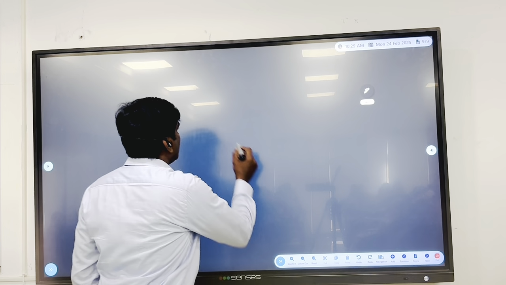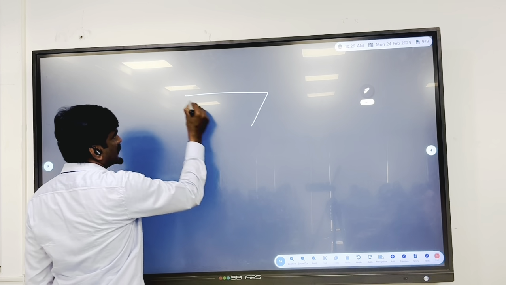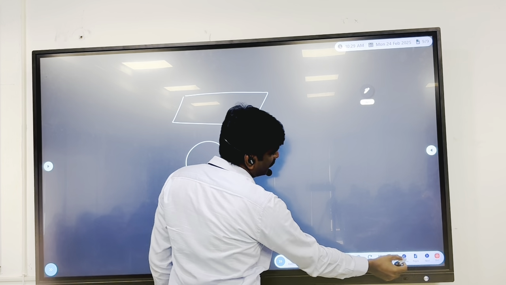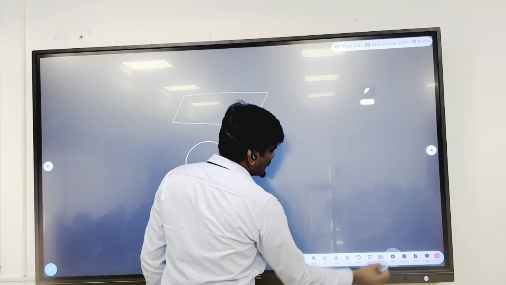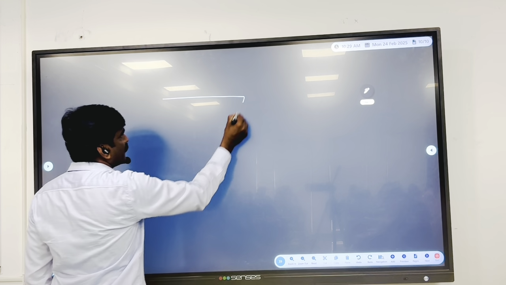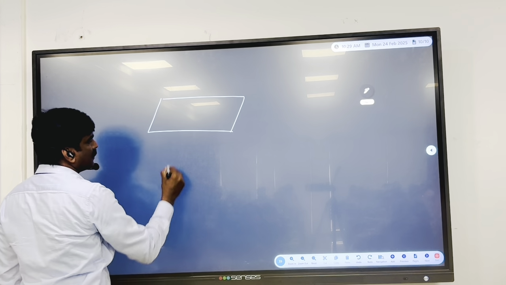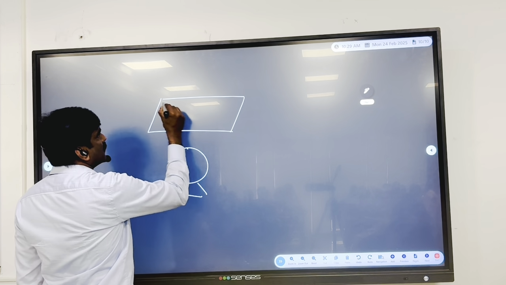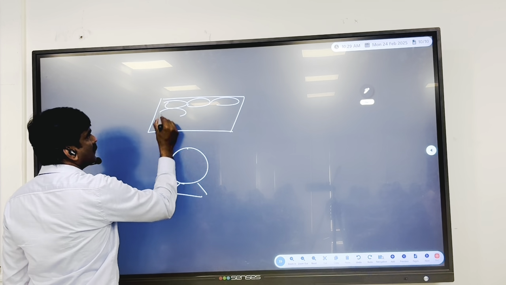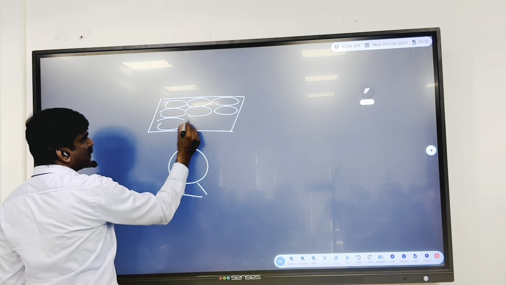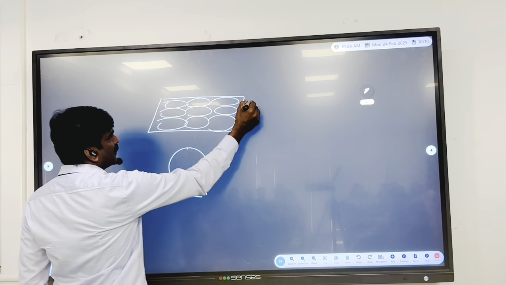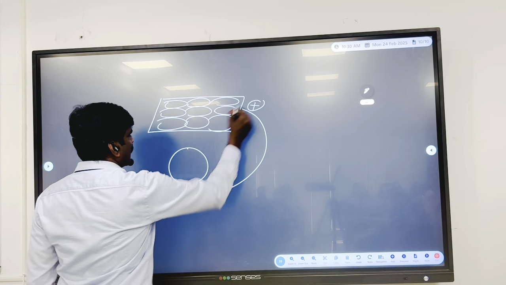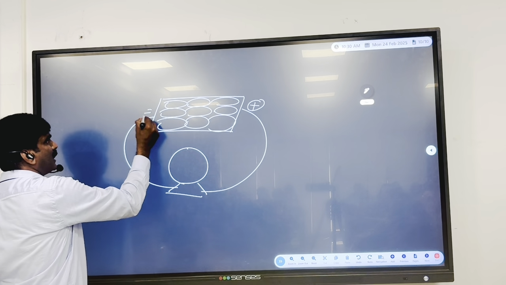Now, next principle. I'll again repeat everything we discussed till now. All the 5 principles we will discuss in one sheet. This is the positive electrode, and this is the negative electrode.